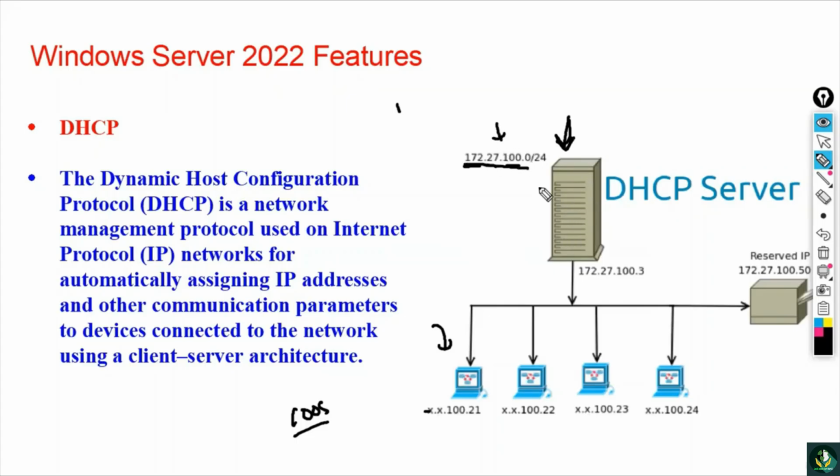You will tell it that it should provide the IP addresses to the computers from the 172.27.100.0 network, and the subnet mask will be 255.255.0.0, and let us say the gateway is 172.27.100.1, and you have the DNS server as well. Let us say 172.27.100.50 is the DNS server IP address. So you will train this DHCP server to provide the IP addresses to the clients.